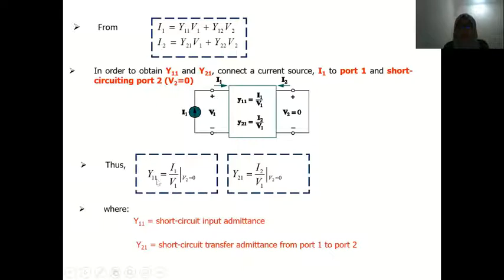So Y11 equals I1 divided by V1 when V2 equals 0.